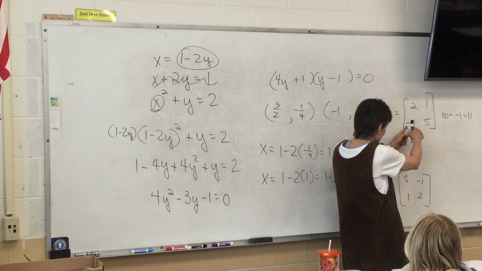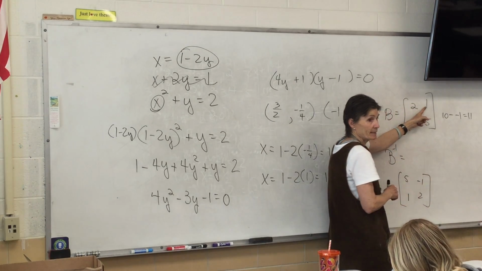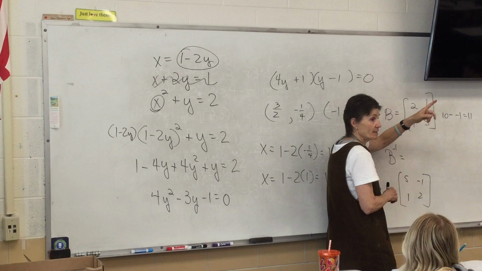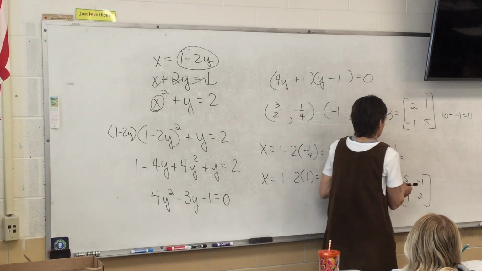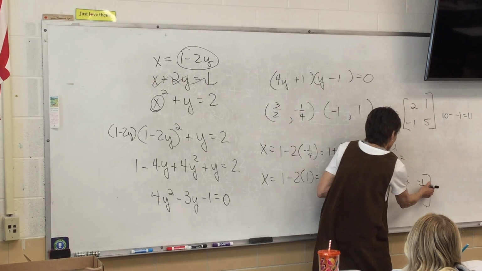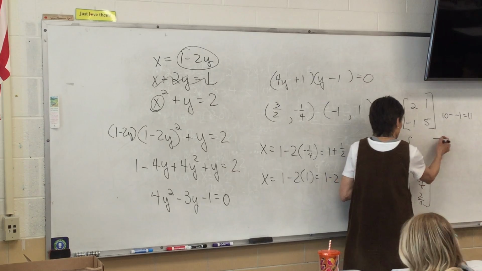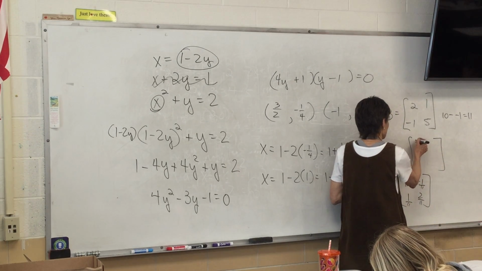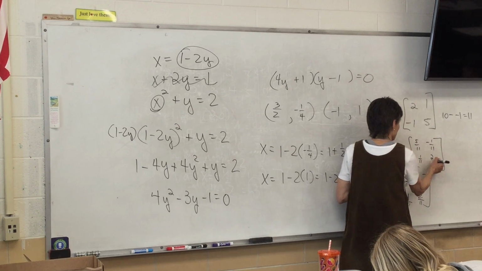I left that one right there, but made him positive, left that one right there, but made him negative. And then the last thing I need to do is put them all over 11. And that's my inverse. So what I put in the answer blank is 5/11, negative 1/11, 1/11, and 2/11.